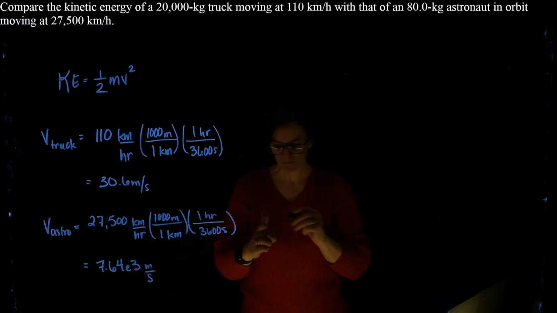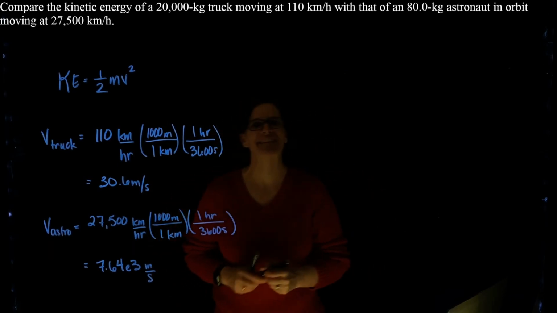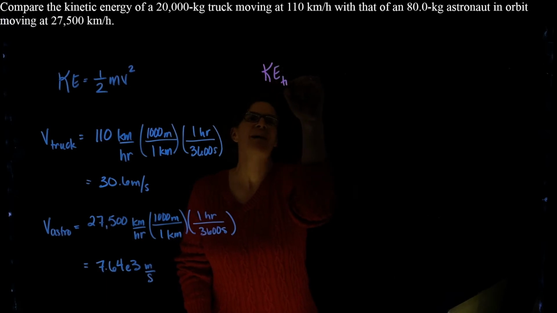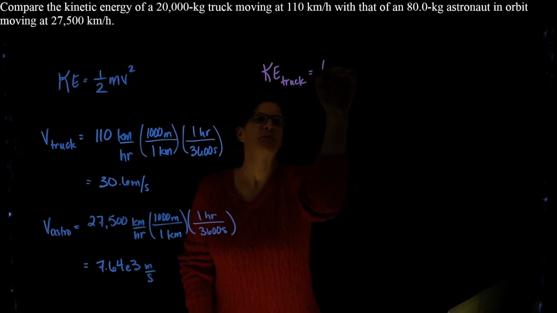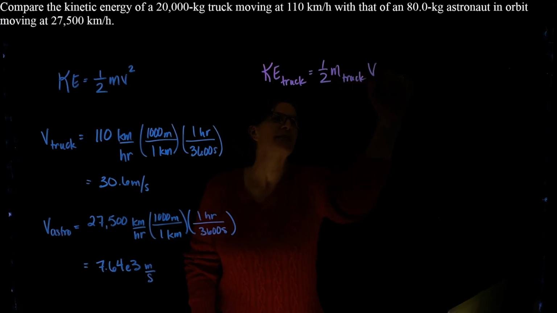All right, so now that we have our standard units, we can go ahead and calculate those kinetic energies. So the kinetic energy of the truck is equal to 1/2 the mass of that truck times the speed of that truck squared.